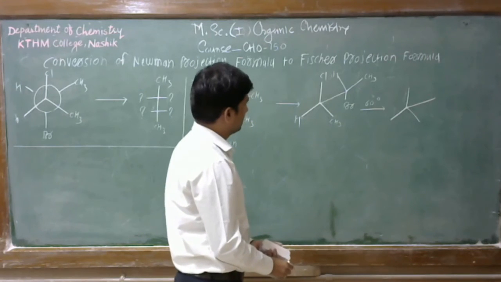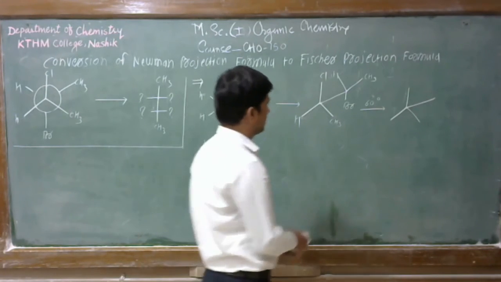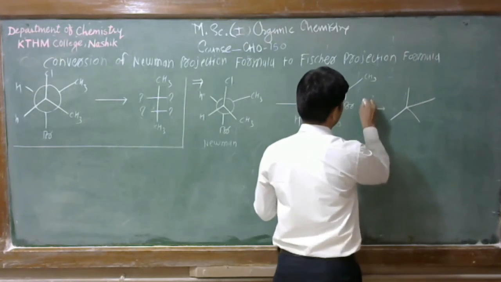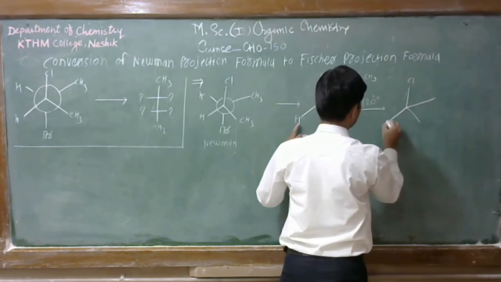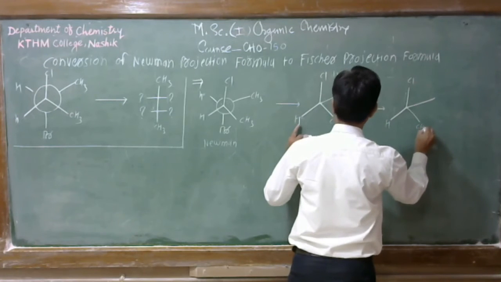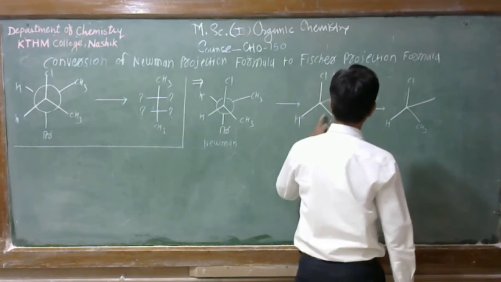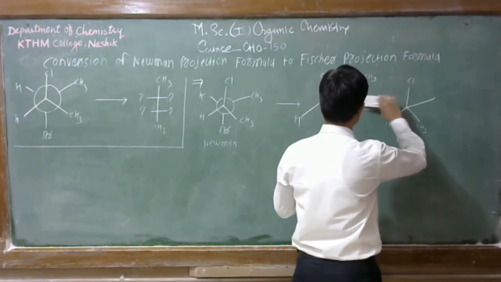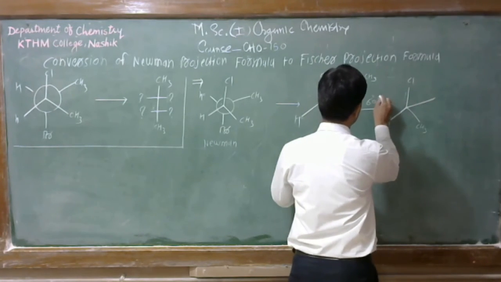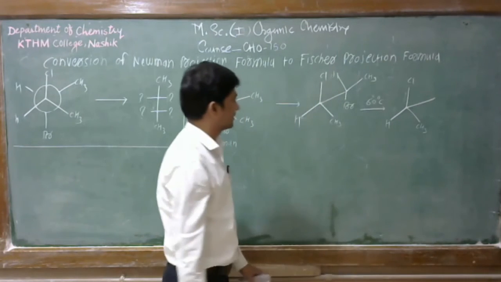Sorry, not 60 degrees, this is by 120 degrees. We have to rotate this first by 120 degrees. Sorry, 60 degrees. We have to rotate this structure by 60 degrees.